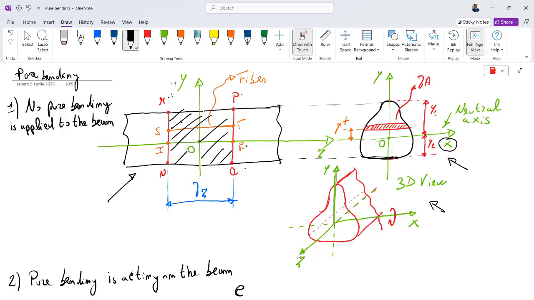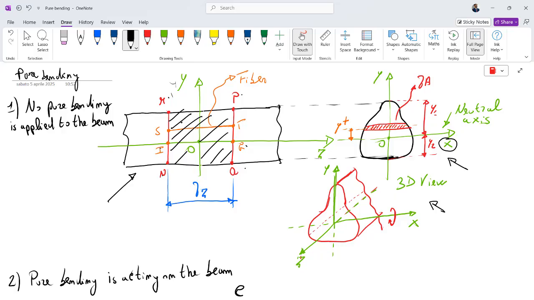So the fiber is indicated by the line drawn in orange, and its limits are S and T. The other fiber, I and G, is the fiber that lies on the neutral axis in this case. The neutral axis is an important axis because along this axis, and along the neutral plane also, the stresses and the strains are equal to 0.